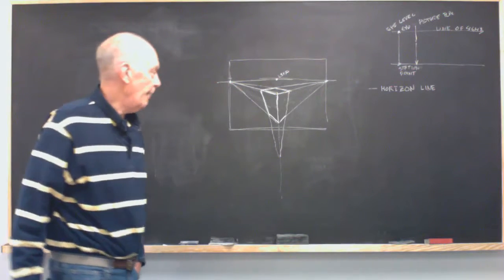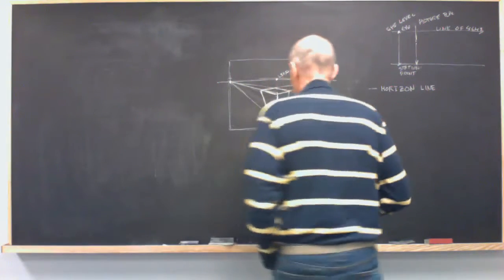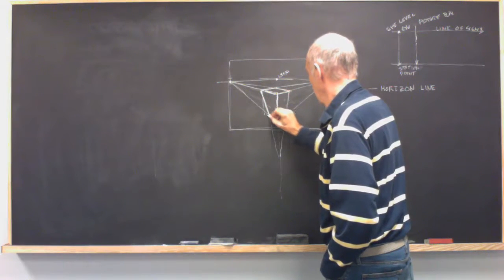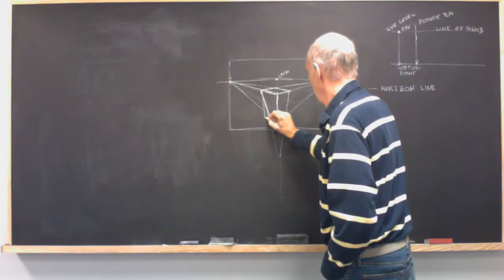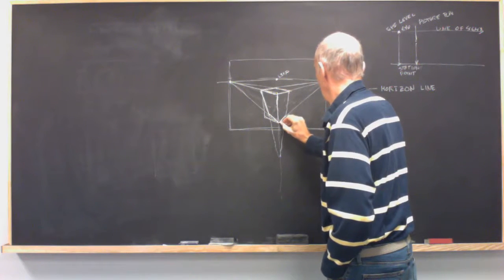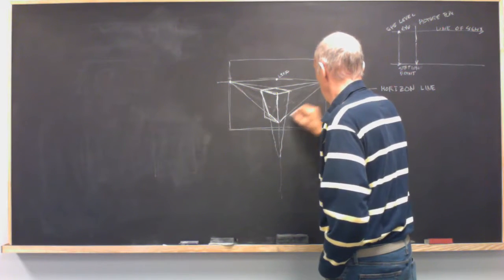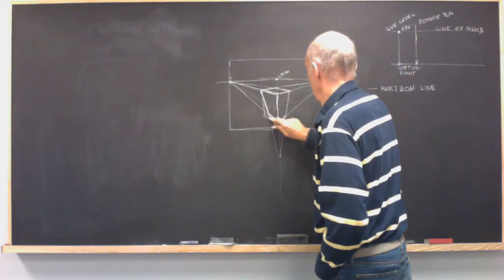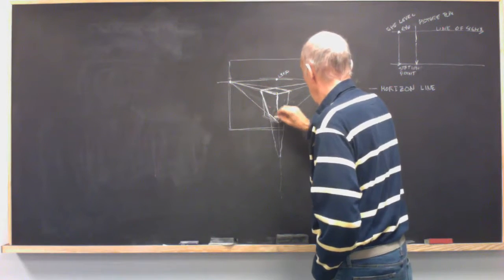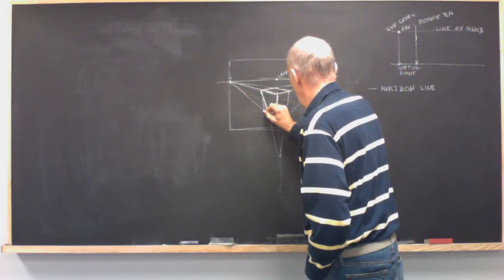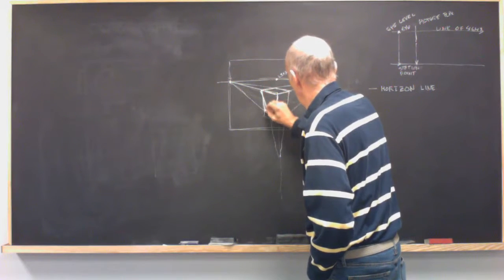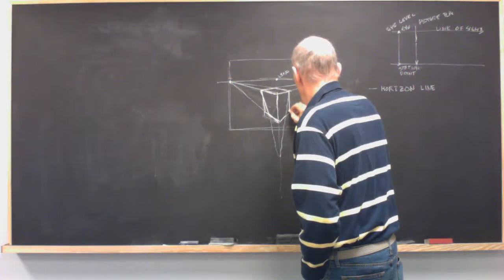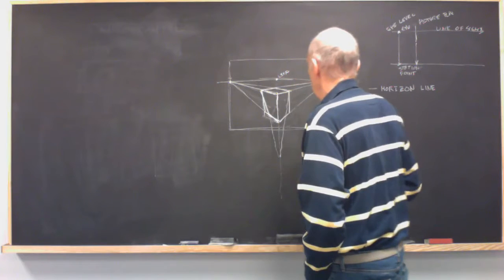This is what would happen if I had a block on the table, it would look like this.